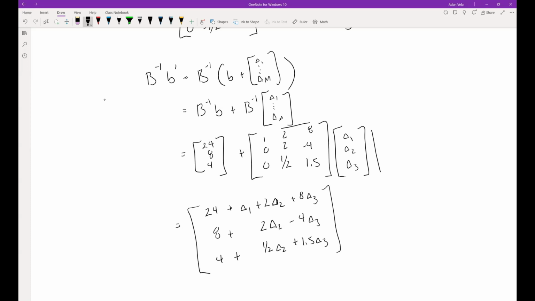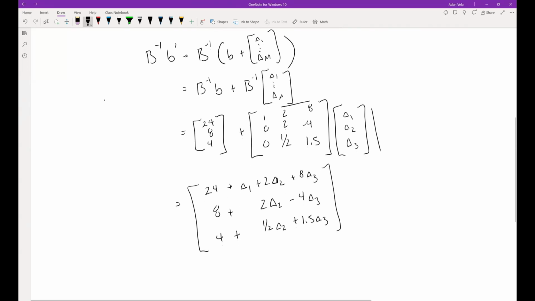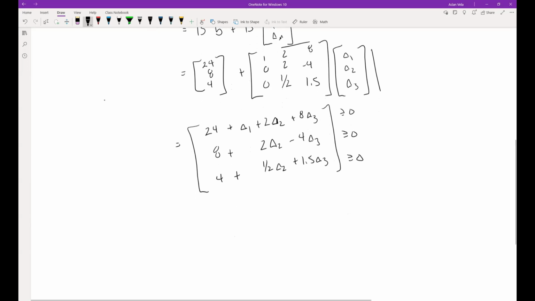Okay, so these are the three equations that you need to be careful of. And you need to make sure that each one of these rows remains greater than 0. So let's sort of see how much we can wiggle each one of them individually.